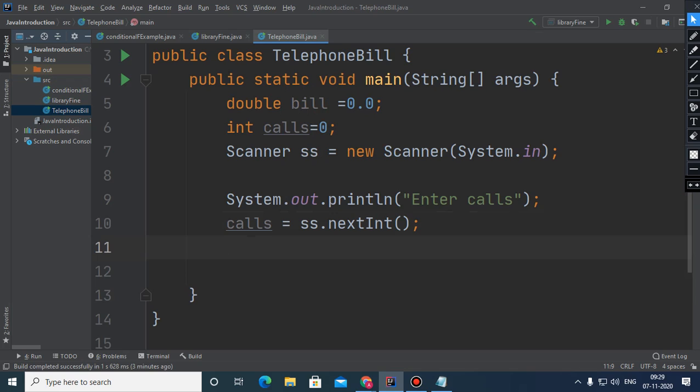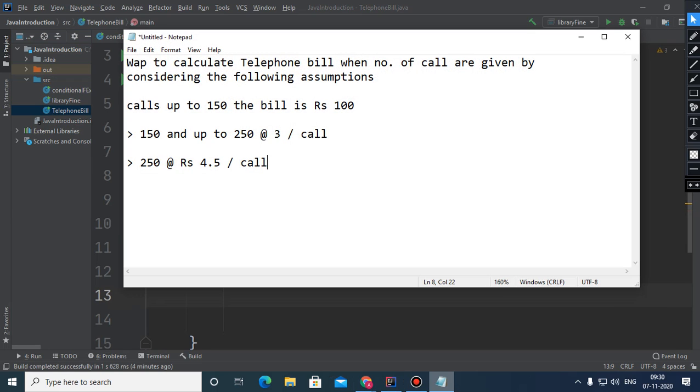And now what to do is, if calls are less than or equals to 150, the bill is rupees 100. So you have to write like this. Now children, next one is more than 150 to 250.